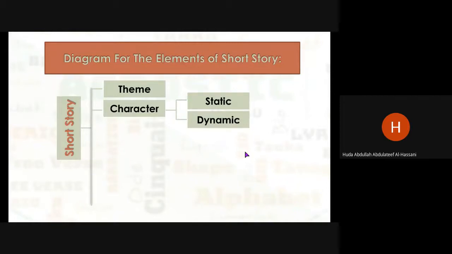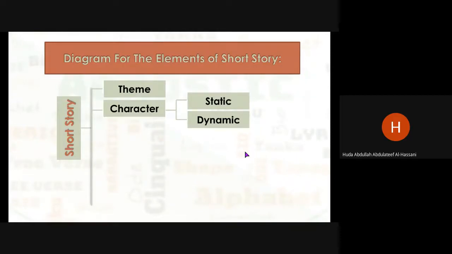Okay? Why? Because they won't be changed through the course of the story. From the very beginning to the very end, nothing will change in their character, in their characterization, in their personality, in their life, in their attitudes. They are there only to support the hero or the heroine.